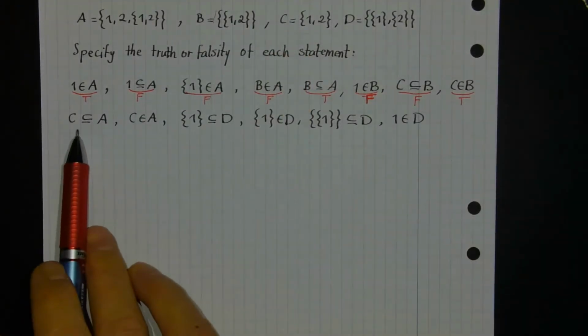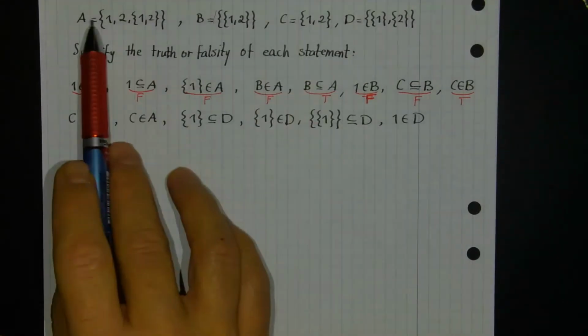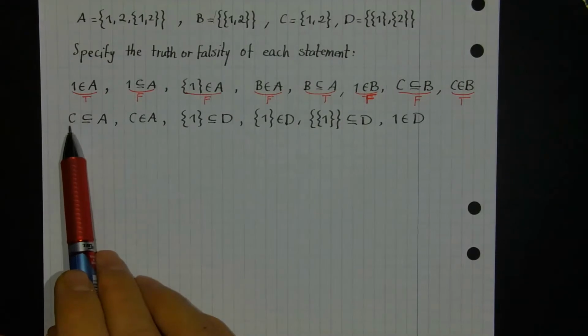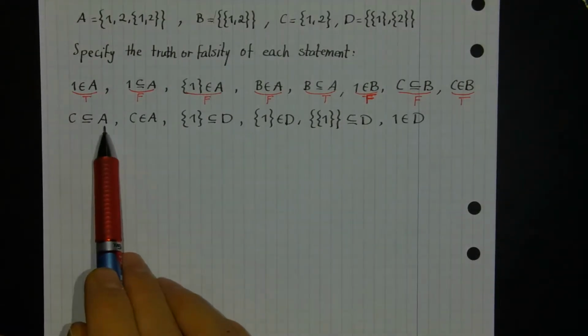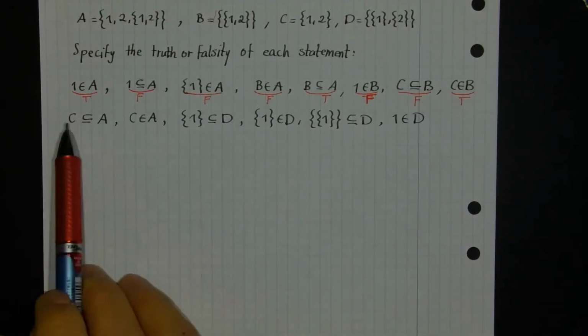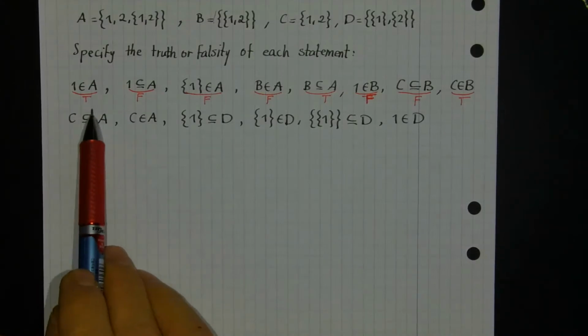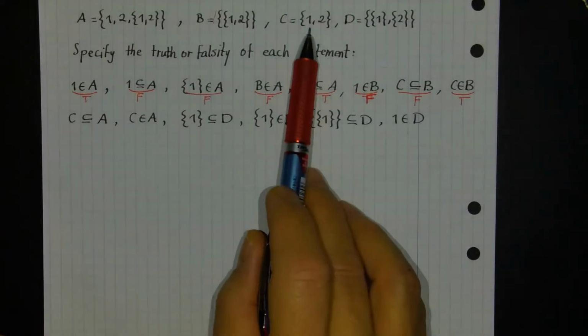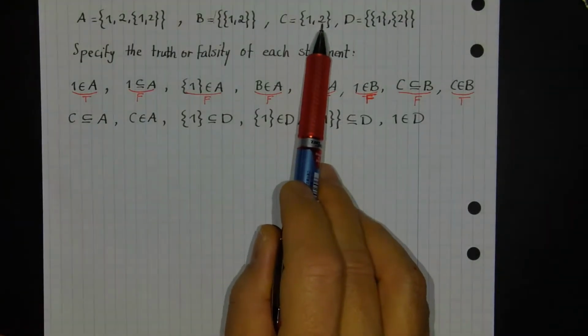But let me go here. Compare C and A. This is a little bit more interesting example. Is C a subset of A, true or false? Whenever I see subset, I need to see the elements inside C. The elements inside C are 1 and 2.